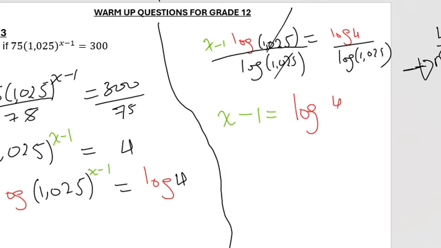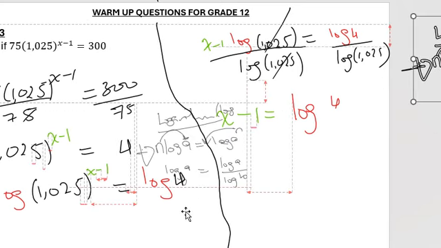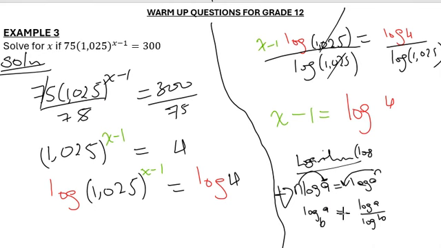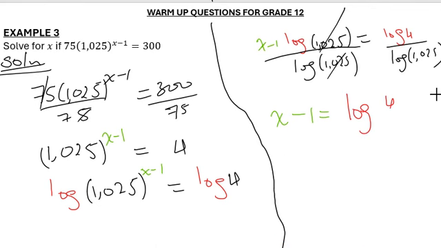But then remember our second property. I will use this property now, that says if you have log a over log b, then we can just say log a base b. Here I will have 1.025 as my base.